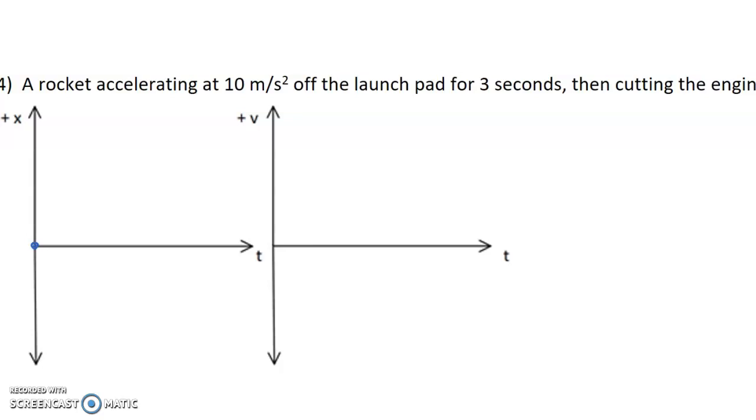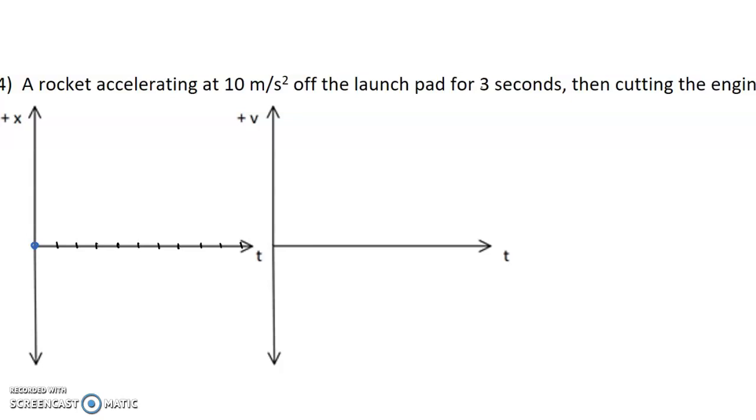So let's put some time stamps here. 1, 2, 3, 4, 5, 6, 7, 8. Let's go 10 seconds of time just to get a sense of what's happening here. So after 1 second, this rocket is now already going 10 meters per second. After the second, it's going 20 meters per second.